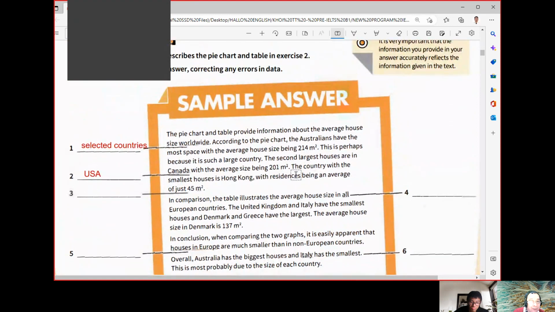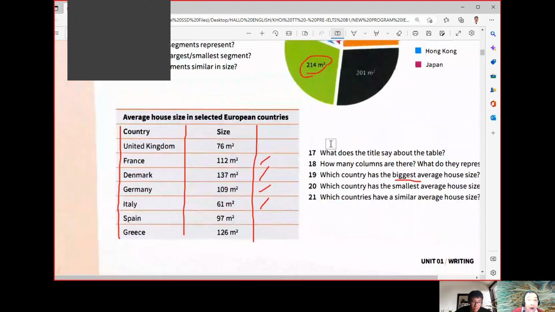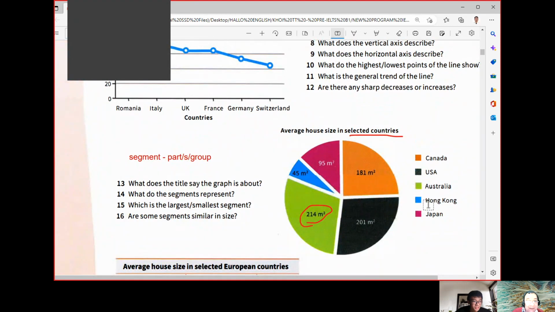Next: the country with the smallest houses is Hong Kong, with residences being an average of just 45 square meters. Wait, I have a question.